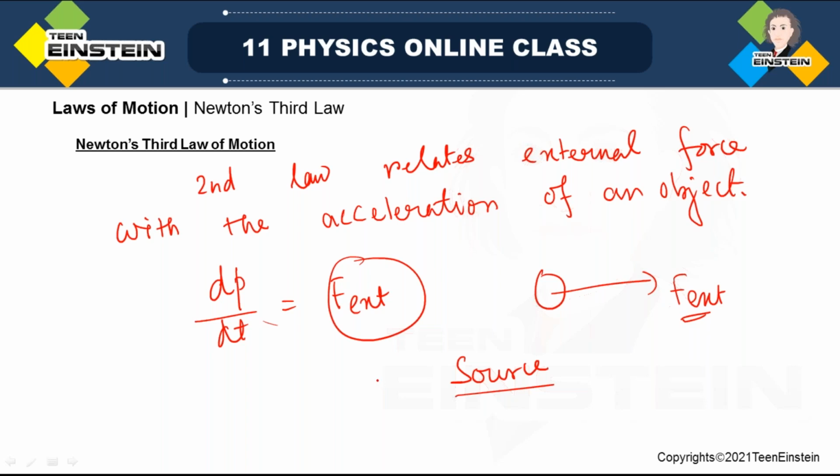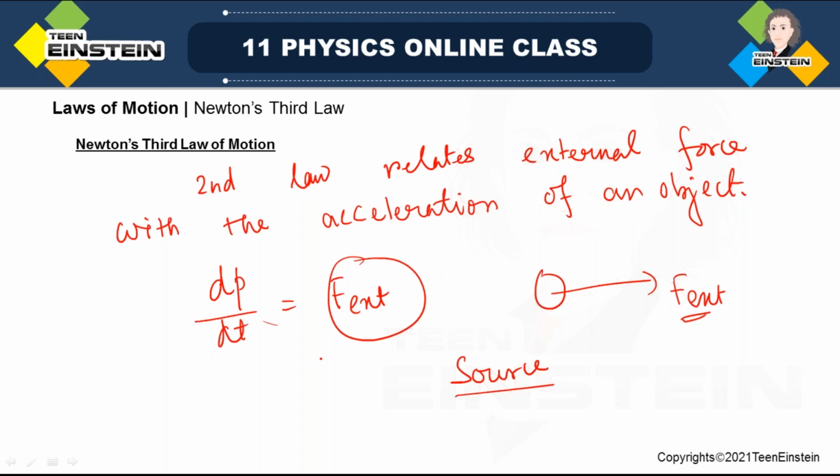But here in the third law we'll see that the origin of force is the objects which are acted upon by the force themselves. It is the mutual interaction between objects.